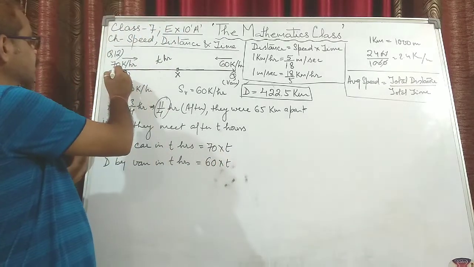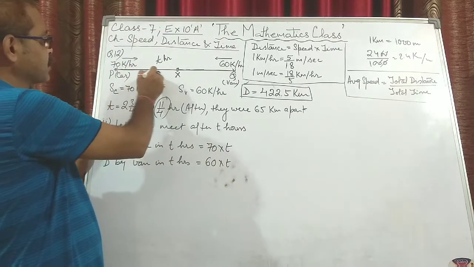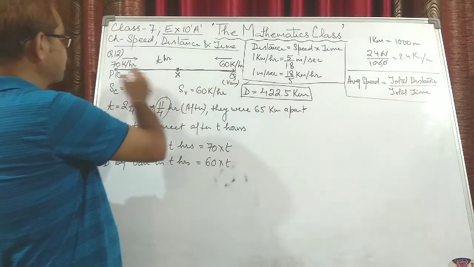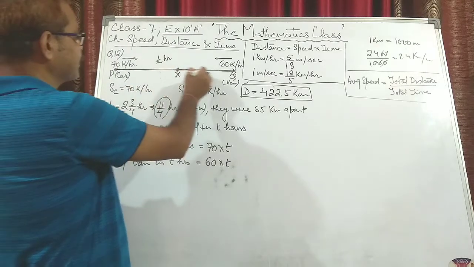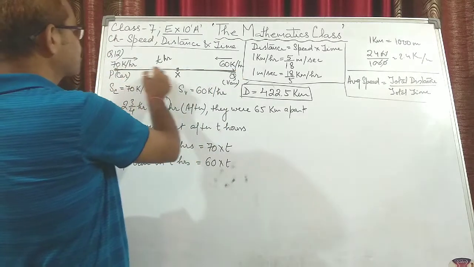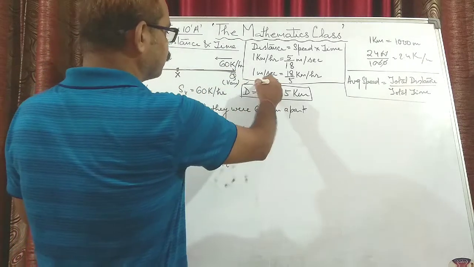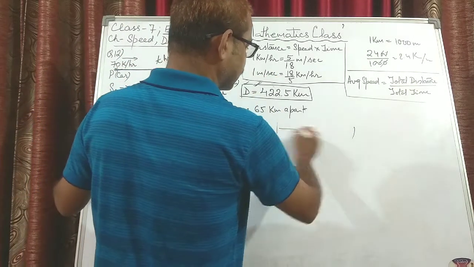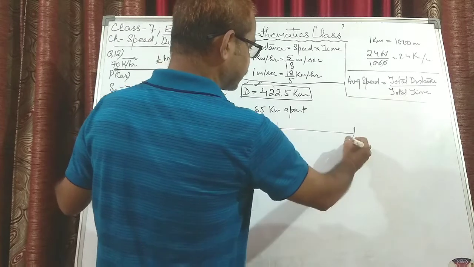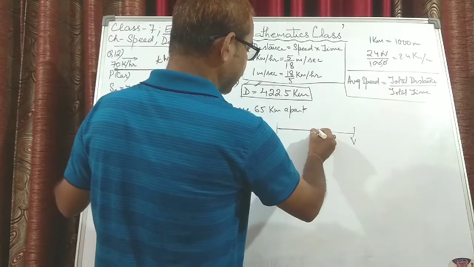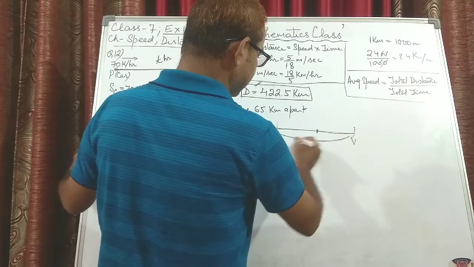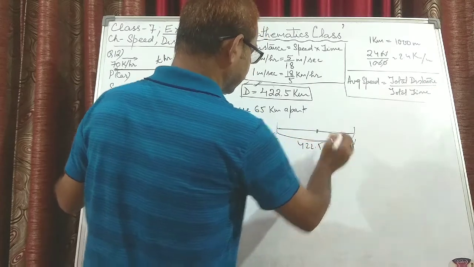If the car is coming from one end and meeting the van at X, the total distance traveled by these two vehicles is 422.5 kilometers.